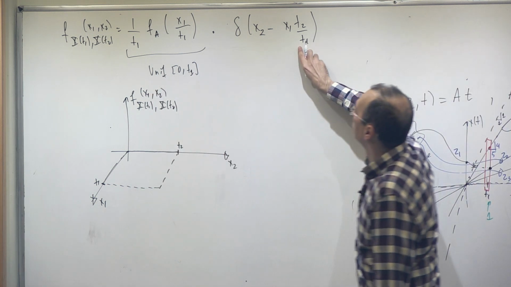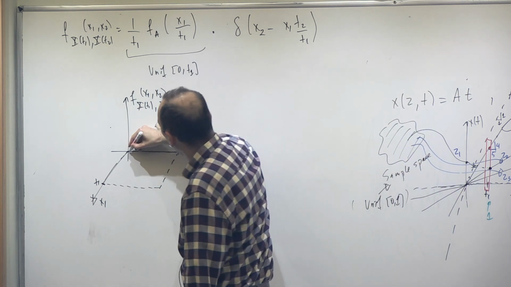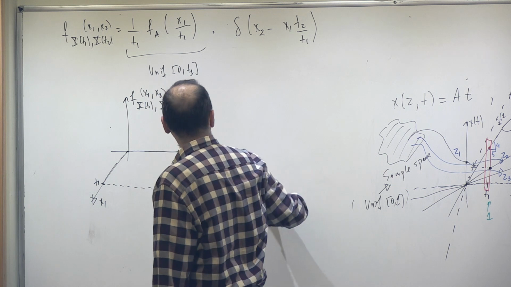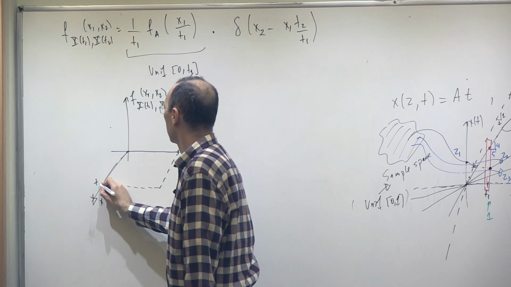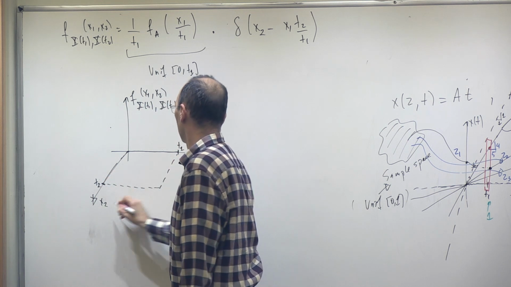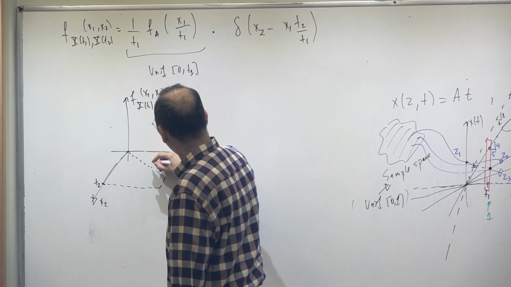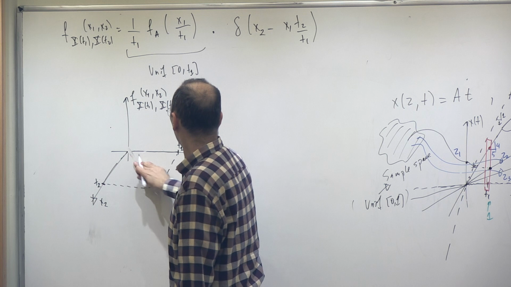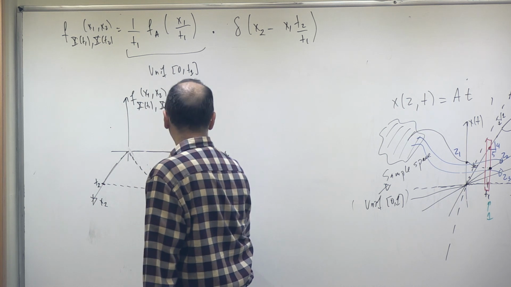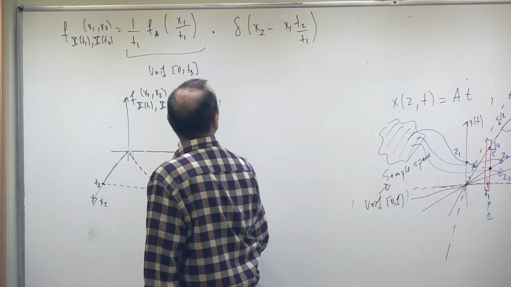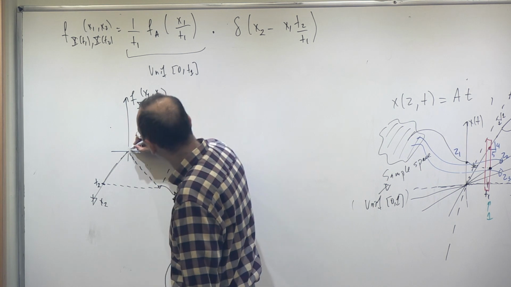Well, let me write. This is my line: x2 is equal to x1 times t2 over t1.